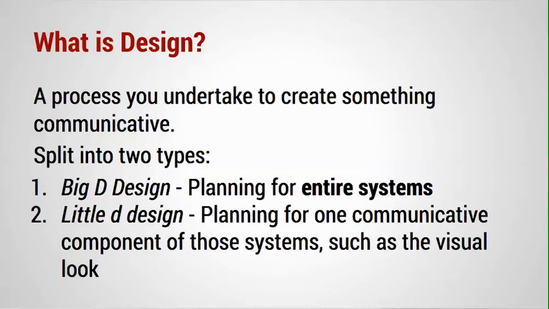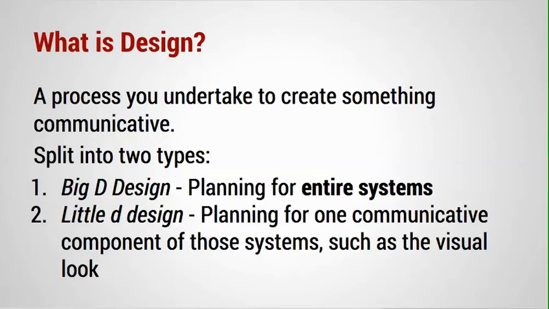So we can split design into two types of design, what we call big D design and what we can think of as little d design. So big design with a capital D, we give it a capital letter because this is planning for entire systems. This is design on an epically large scale. Little d design, we refer to it in the lowercase d design because it's a smaller way of performing design.